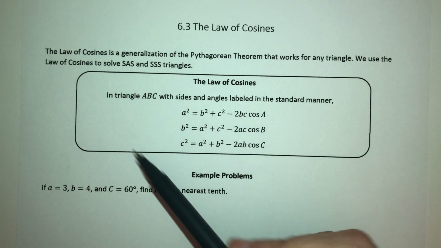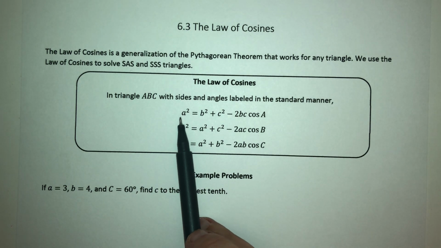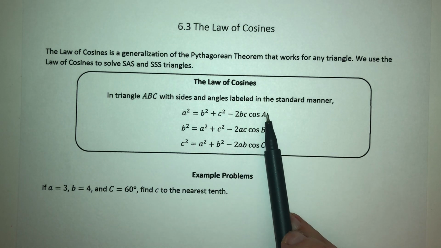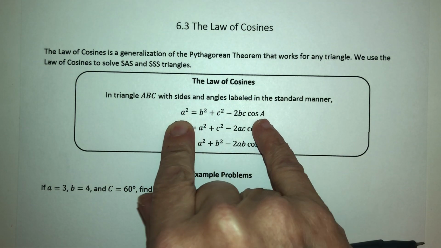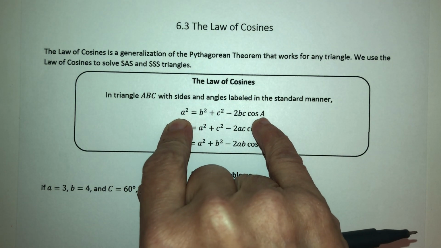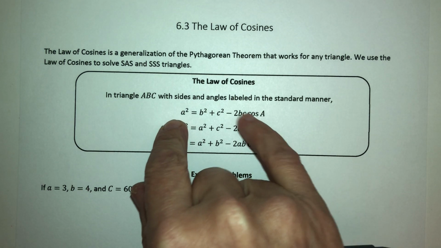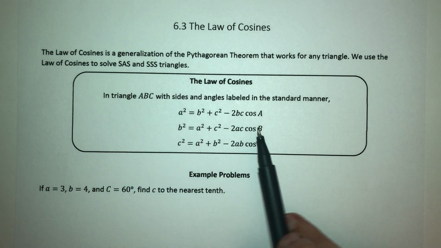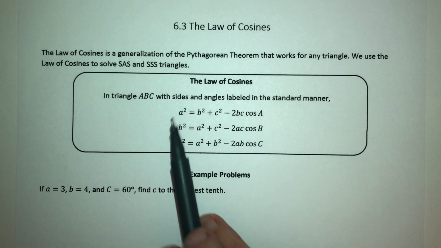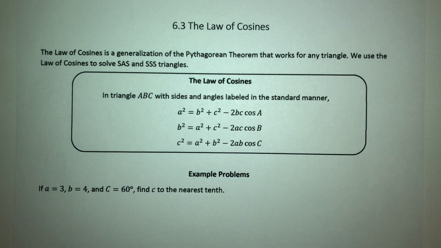Now, when we go to solve these, we are either going to be solving for a side or an unknown angle. So there will be a pair of things where we're missing one part of it for sure. So if we're looking for side A, we'll use this formula. If we're looking for angle A, we'll use this formula. Side B, angle B, so on and so forth, okay?